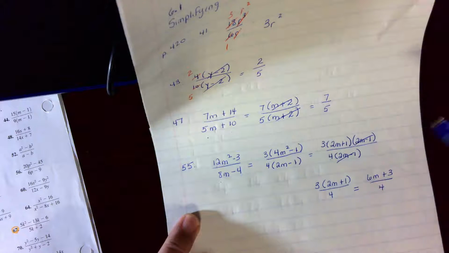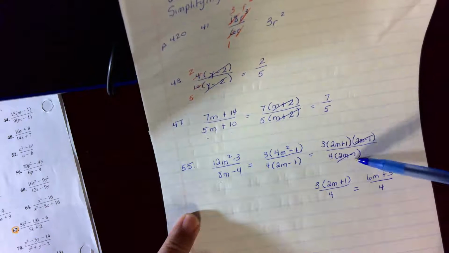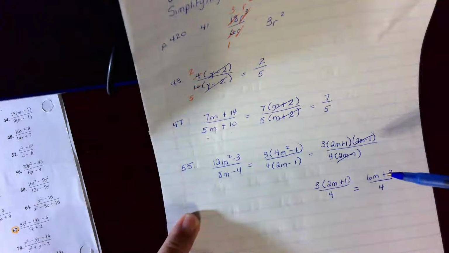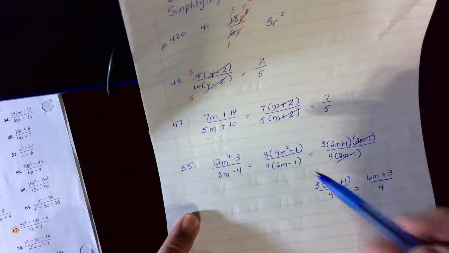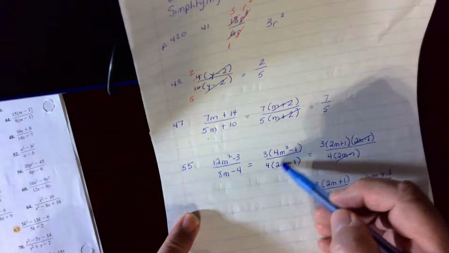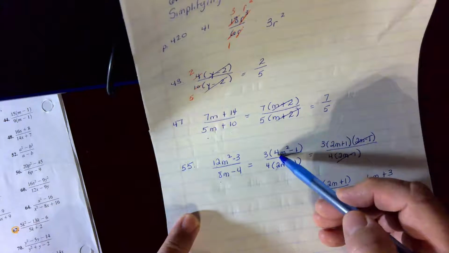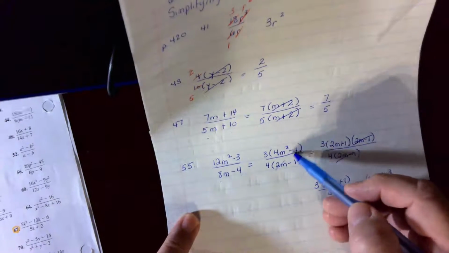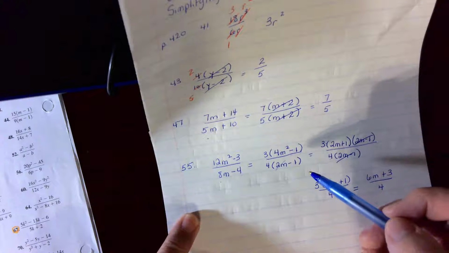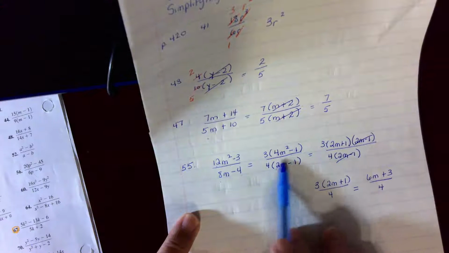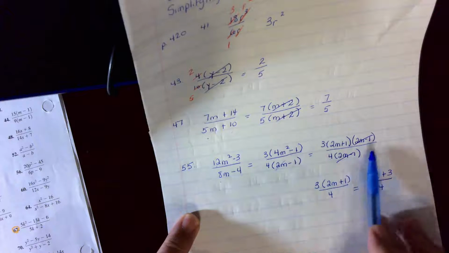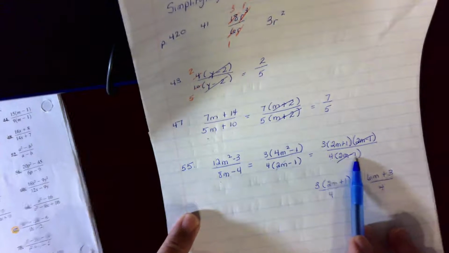It's important to know that when you're dividing out binomials, they must match exactly. In other words, I can't go in here and divide out part of this with part of this, or I can't divide out this minus 1 and this minus 1. When it's in parentheses as a binomial, it's got to be the entire thing or nothing at all.